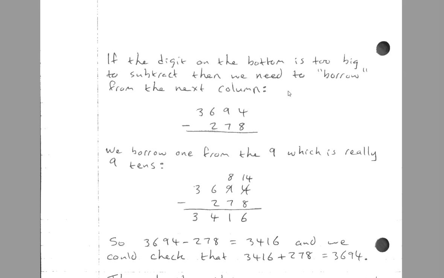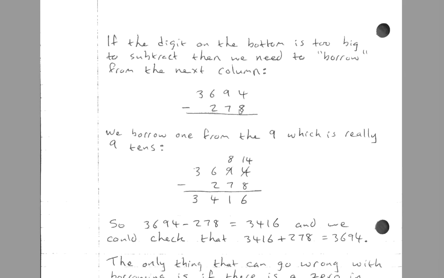Now, sometimes we need to borrow, so let me change that 4 to an 8 here. So if we try to subtract 278, then we get a problem. So 4 minus 8, we can't do that. That 8's too big. So we need this idea of borrowing.